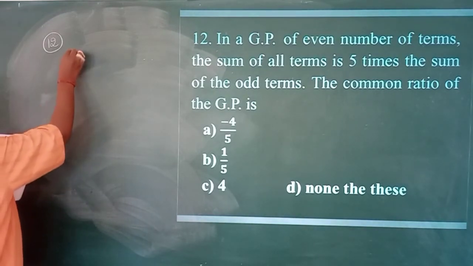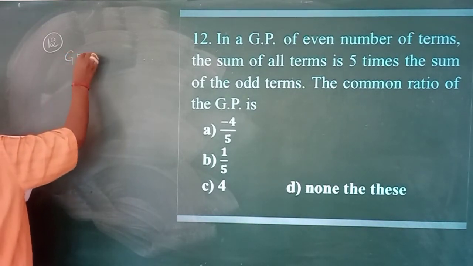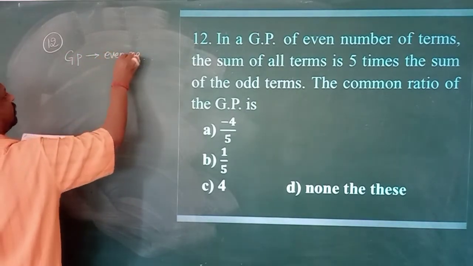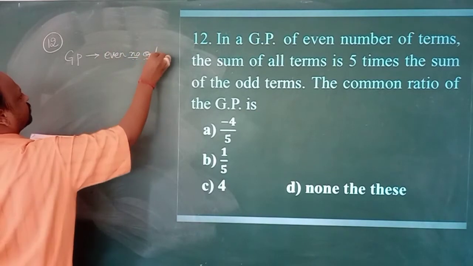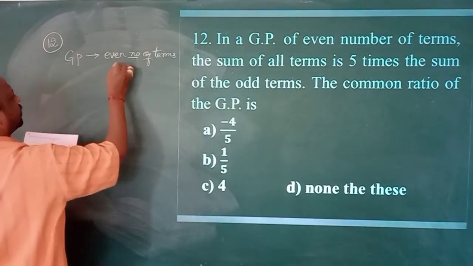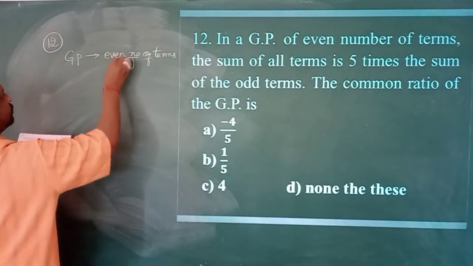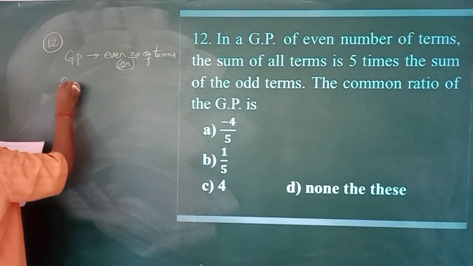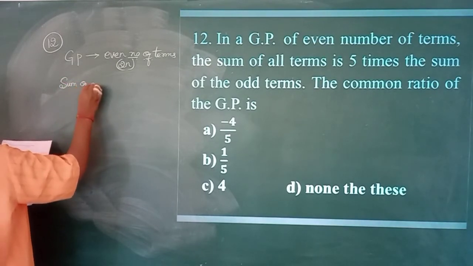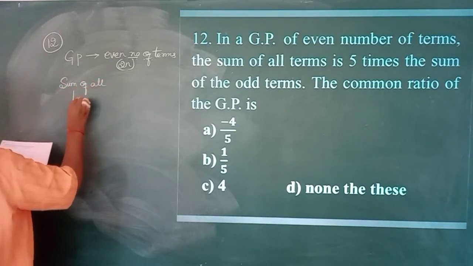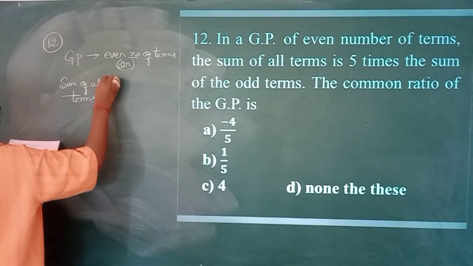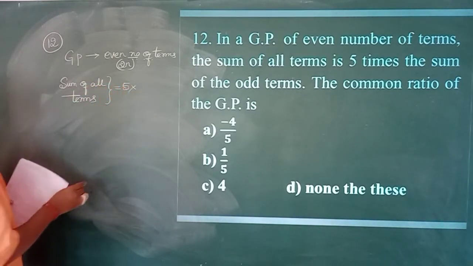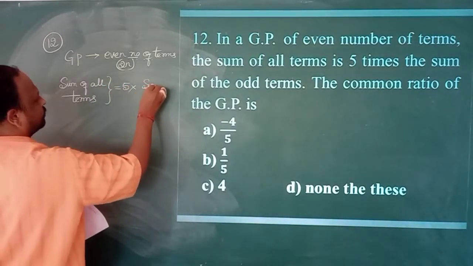So here they have given one GP with an even number of terms, nothing but 2n terms. Sum of all terms is equal to 5 times the sum of odd terms.